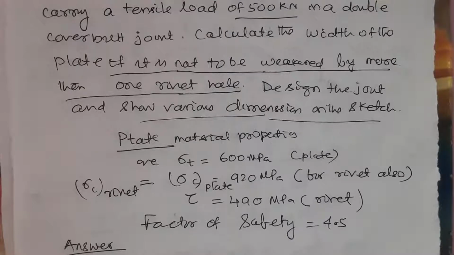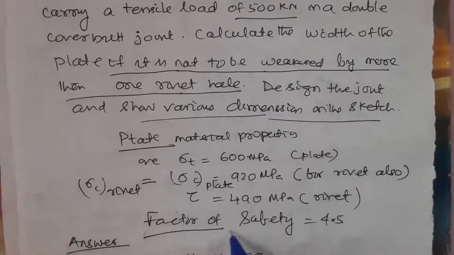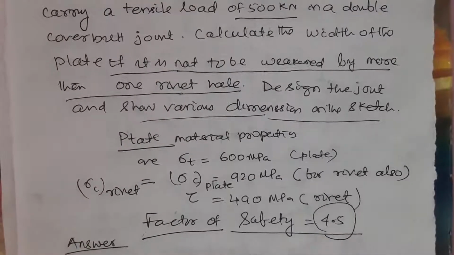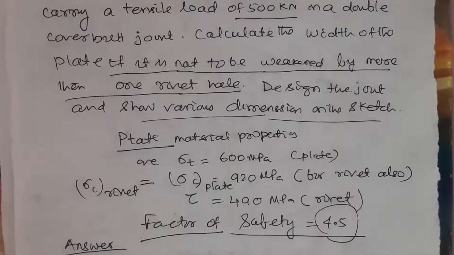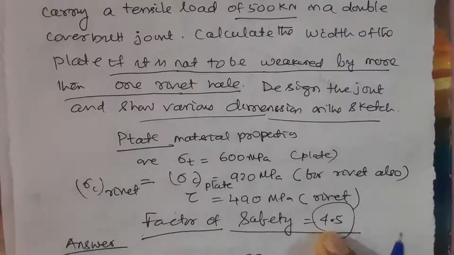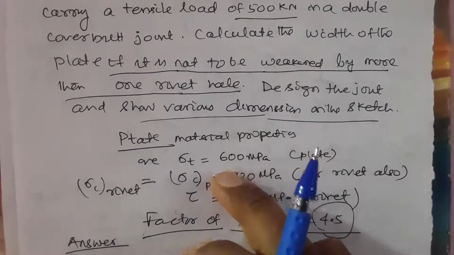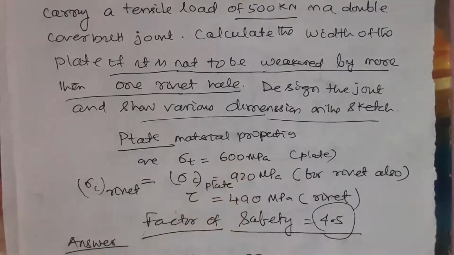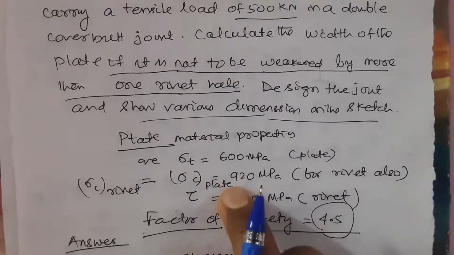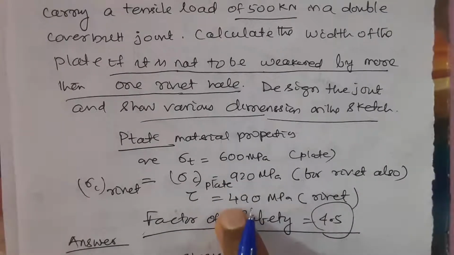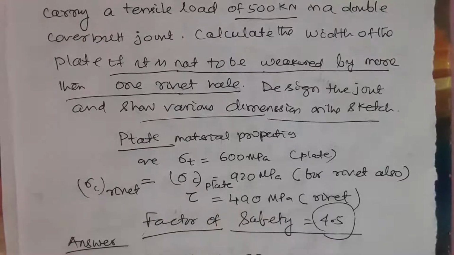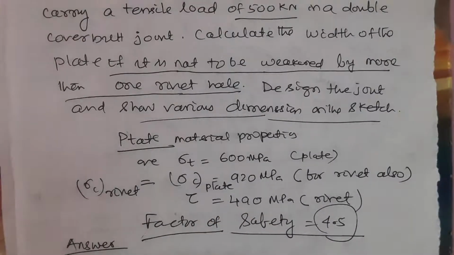But the factor of safety of the joint in this problem has to be taken as 4.5, it is given. So when the factor of safety is given, the permissible limit will be, in case of 600, 600 by 4.5, in this case 920 by 4.5, and this will be 490 divided by 4.5.